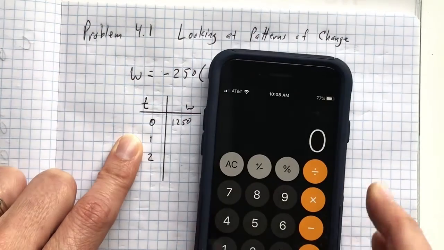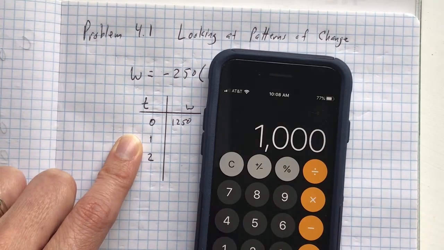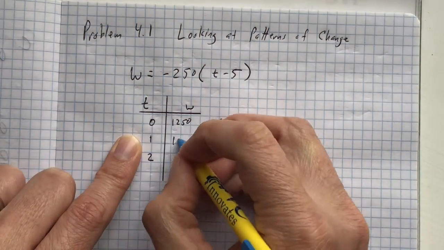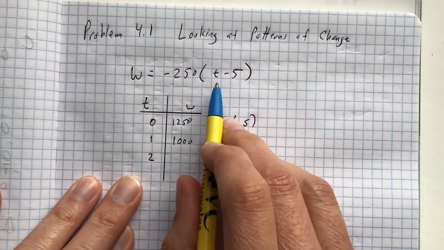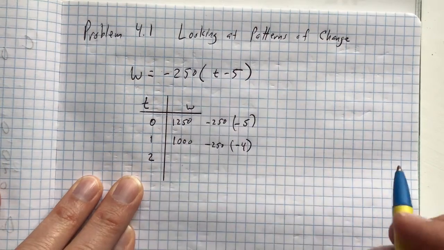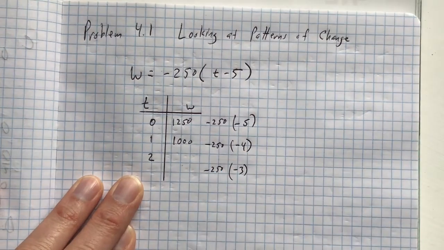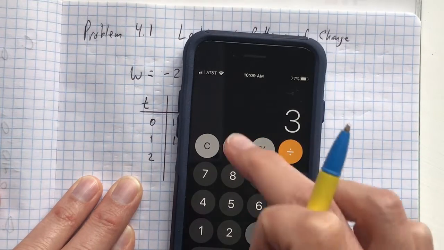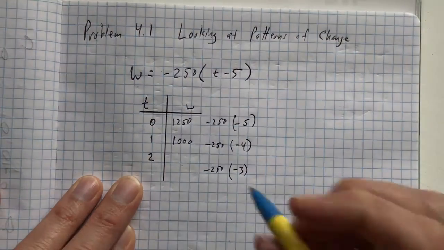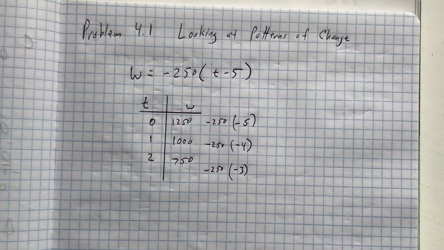Negative 250 times negative 4, I get 1,000. Let's try one more. If I put 2 in here, 2 minus 5 gives me negative 3. All that times negative 250. Negative 250 times negative 3, I get 750.